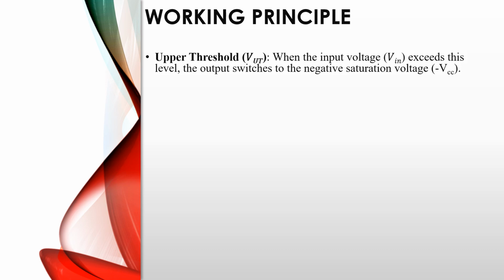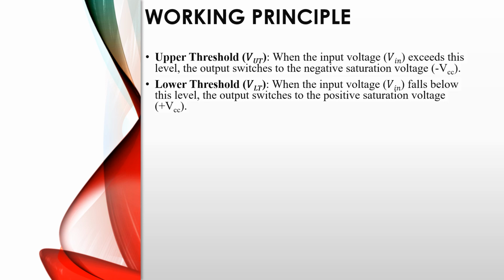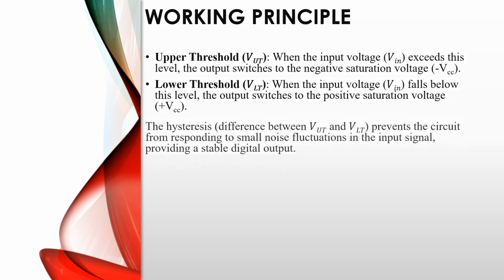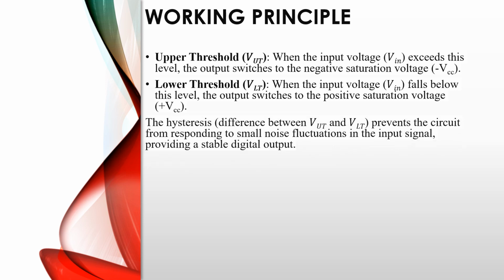When the input voltage Vin exceeds this level, the output switches to negative saturation voltage, that is minus VCC. And for the lower threshold voltage VLT, when the input voltage Vin falls below this level, the output switches to the positive saturation voltage, that is plus VCC. The hysteresis is the difference between the VUT and VLT.